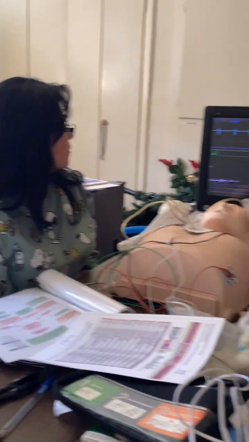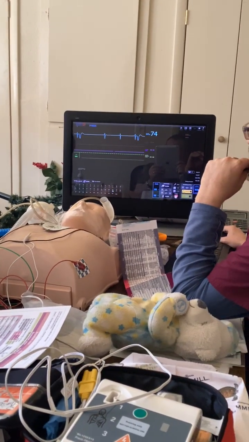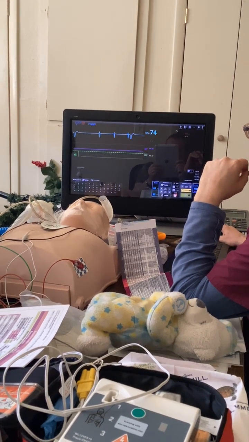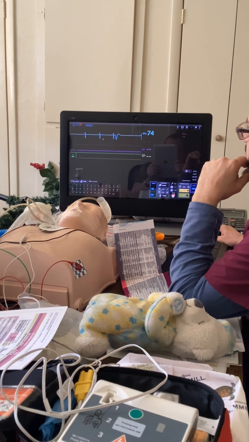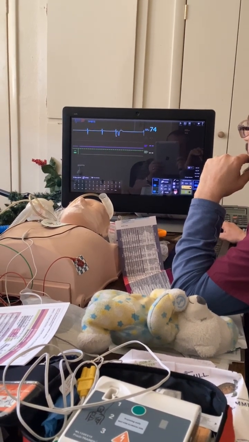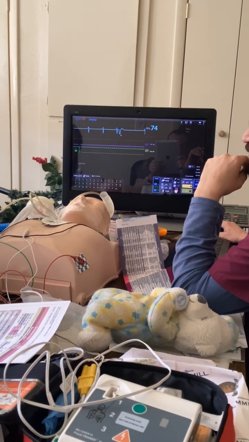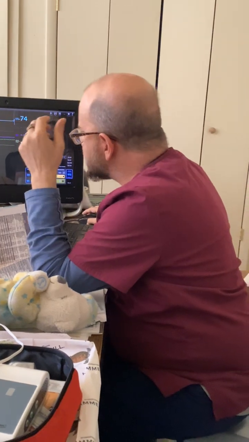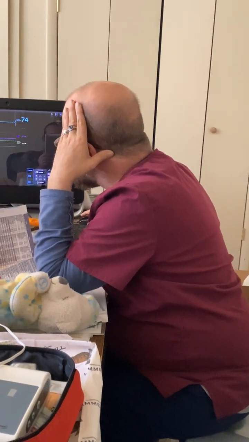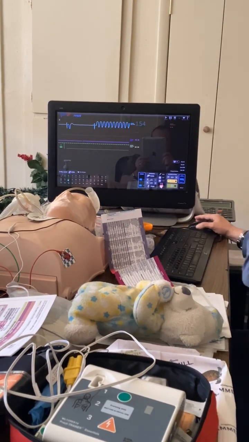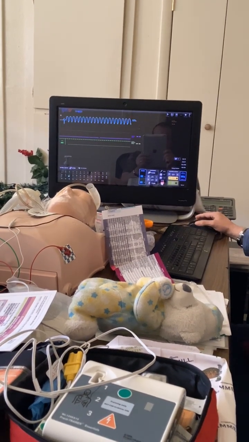What would those be? Looks like ST depression. Let me stop it here. So regular, and then that beat comes in premature. Does it look like that one? No. So it's PVC. Let's just say they're having more and more PVCs, and they go into this rhythm. What's that rhythm? Ventricular tachycardia.